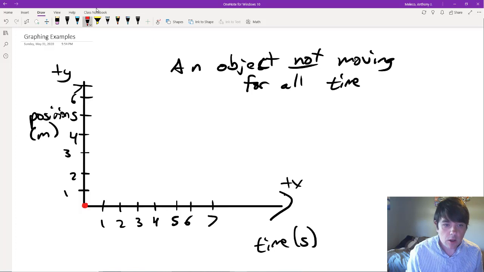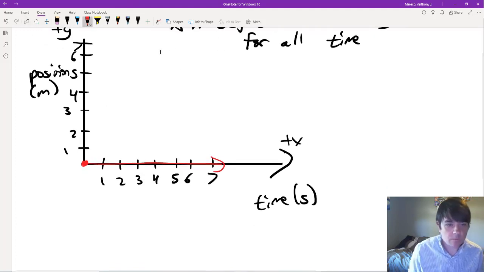If it were changing from 1 to 5, we would have it go up as a line over the elapsed time it would take to do that. But for us, we're not moving at all. So for all time, we're remaining at 0 position, which is where we're at. We're just going to do it like that.